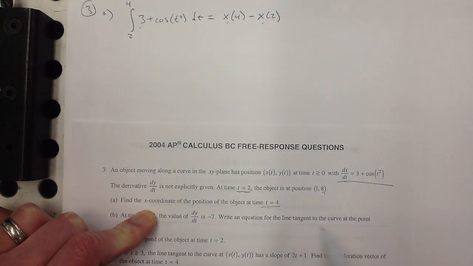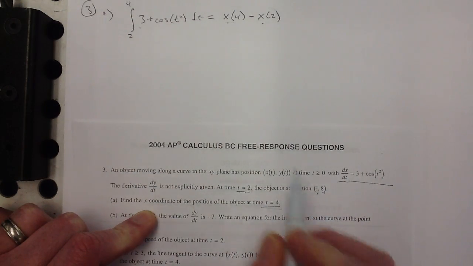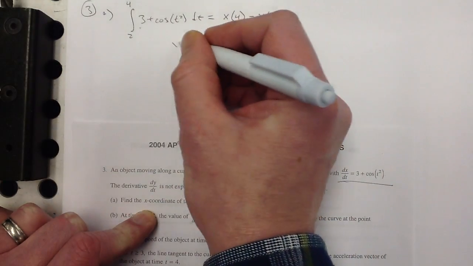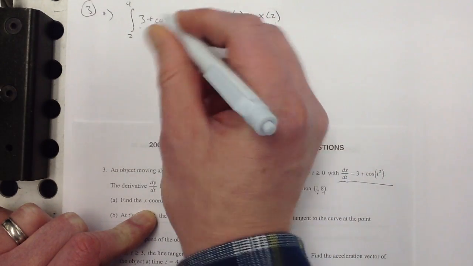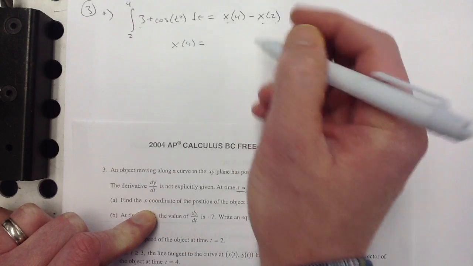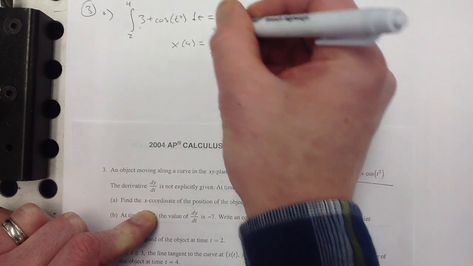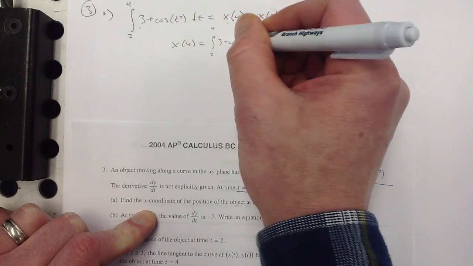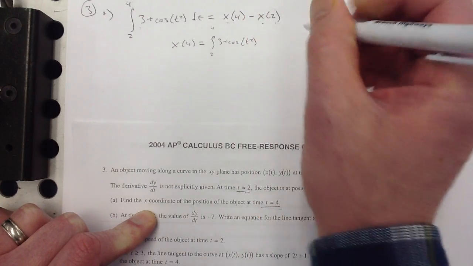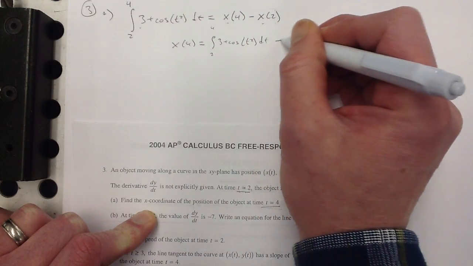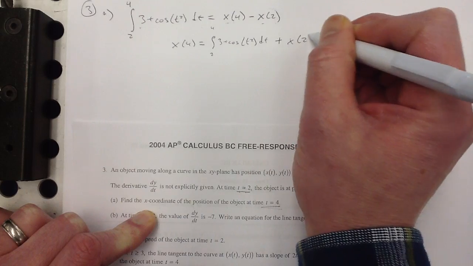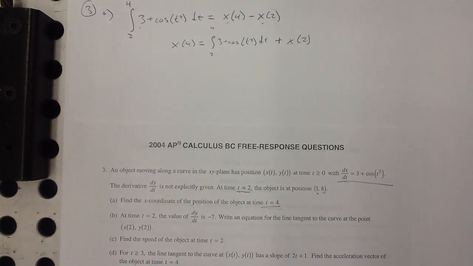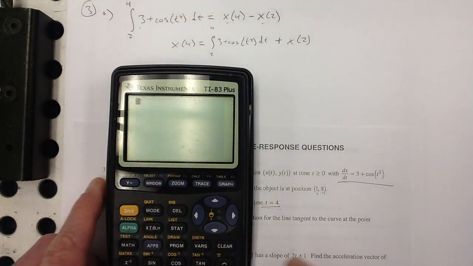And we know this, that what is it? It's 1, right? This is 1. So x of 4 will be equal to whatever this is plus that. I'll write it down, why not? That's the integral of 3 plus the cosine of t squared dt plus x of 2, adding that to the other side. All right, let's do that.